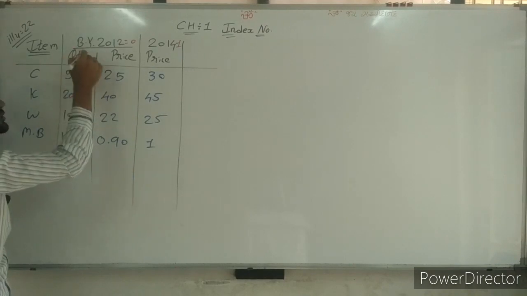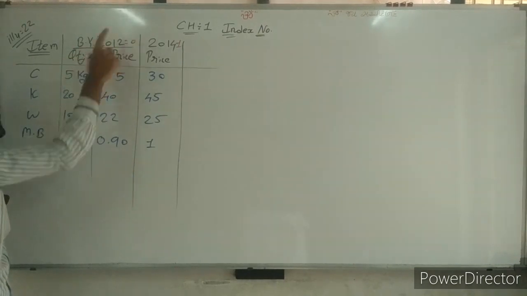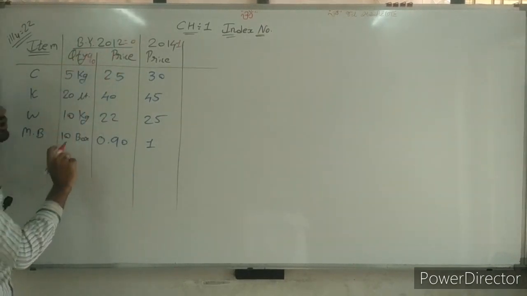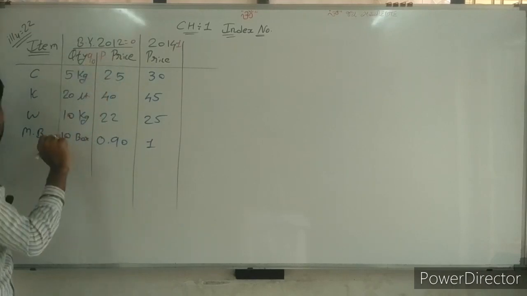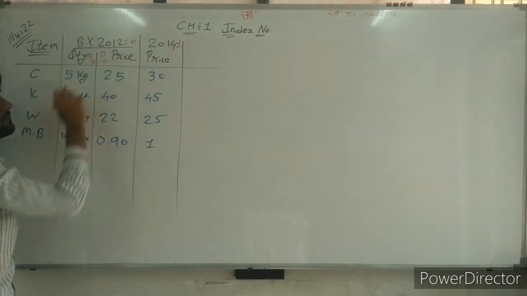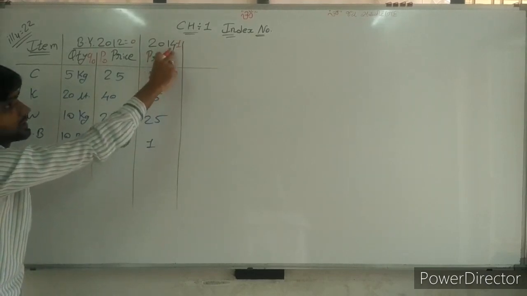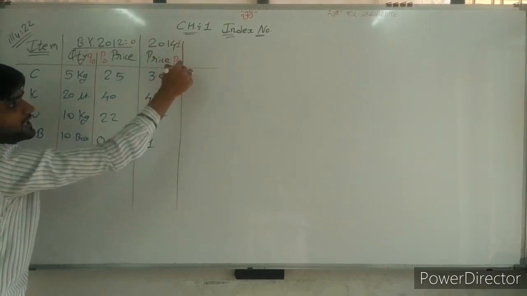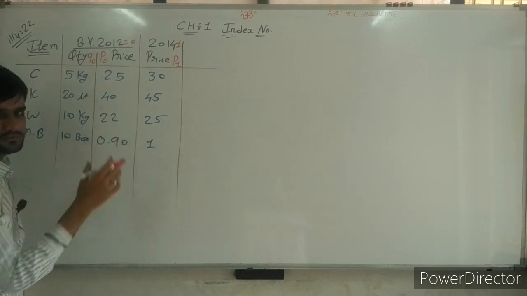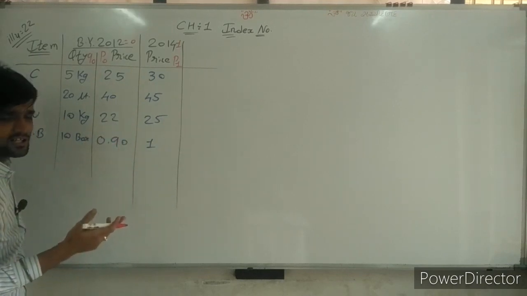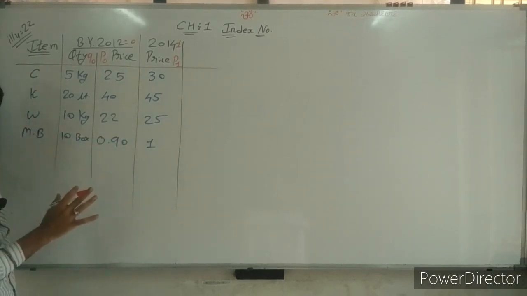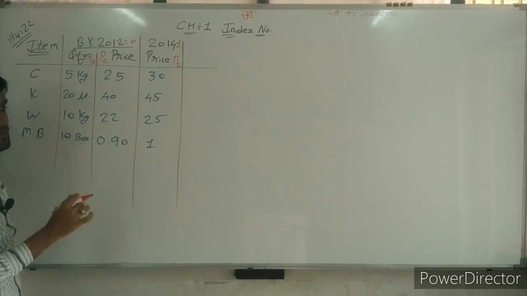Now quantity means Q and base year quantity, that's why Q0. Price means P, base year price means P0. Current year means 1, price of current year means P1. So this is the common thing. First step.